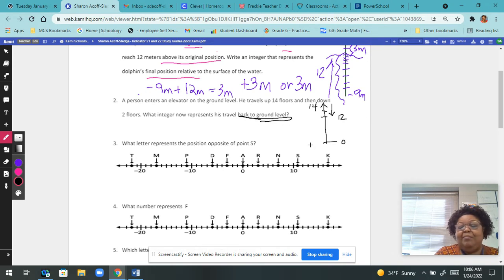So he's right here now. To travel back to ground level, he'll have to go down, in a different color, down 12 floors. So minus 12. But they just asked for the integer. Okay.